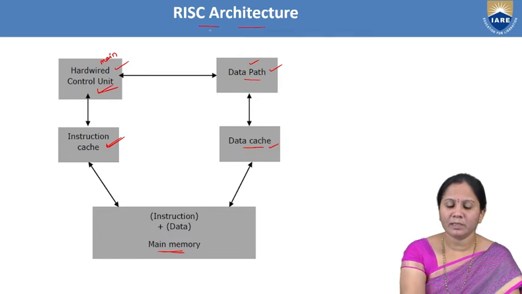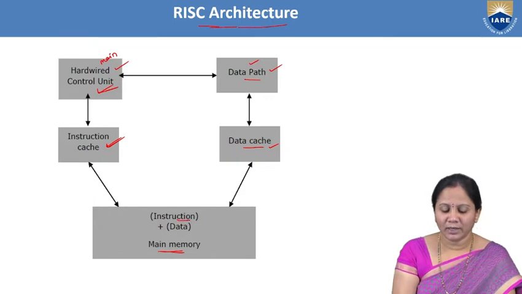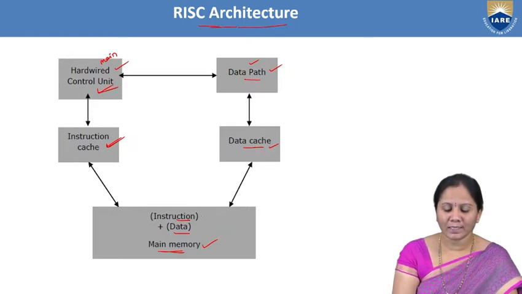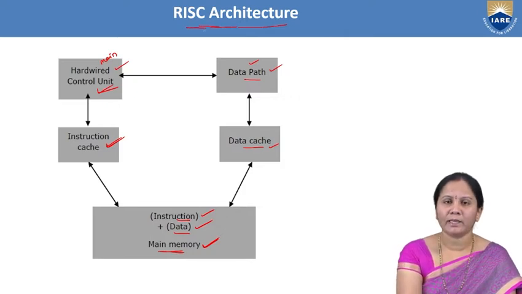So ultimately in the RISC architecture, the instruction and the data both reside in the main memory. In order to access this instruction and data, the controller has to access the entire main memory. So this is the RISC architecture.